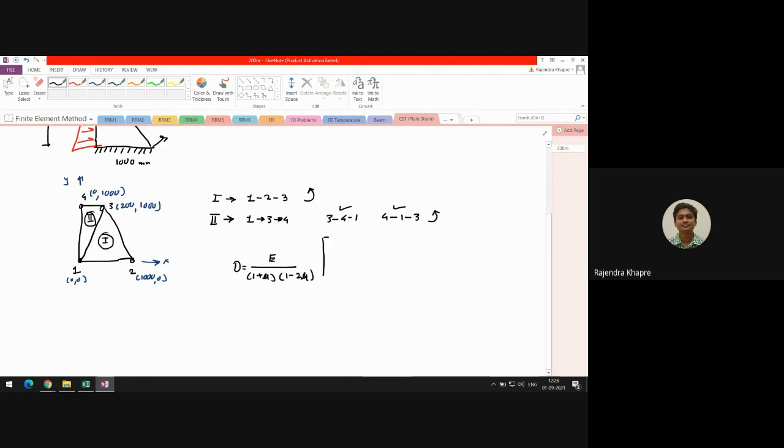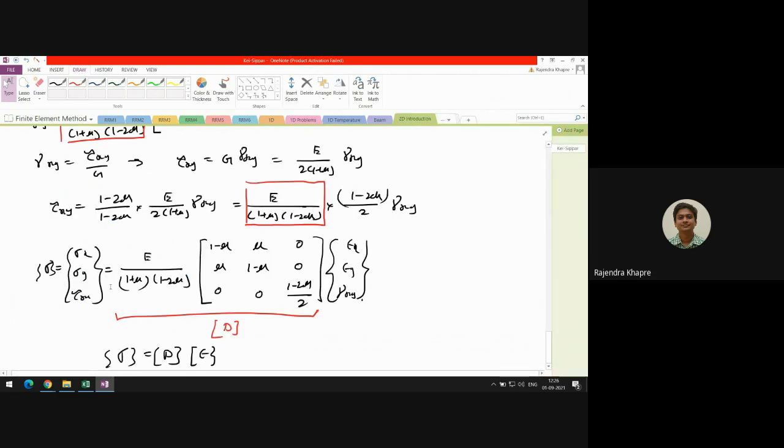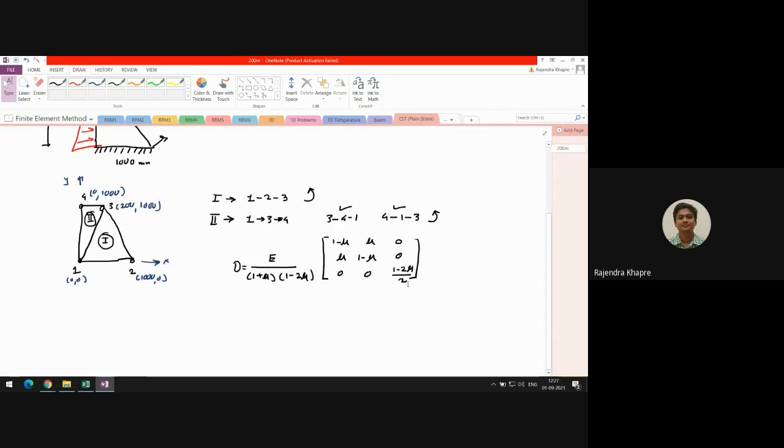Then we have a matrix where the first element is 1 minus mu, second element is mu, third element is 0, this will be mu, this will be 1 minus mu, this will be 0, this will be 0, this will be 0, and this will be 1 minus 2 times mu divided by 2. If you refer to your earlier notes, in the introduction chapter we derived this expression, E divided by 1 plus mu, 1 minus 2 mu, then this entire matrix. The same matrix I have written over here as the D matrix.